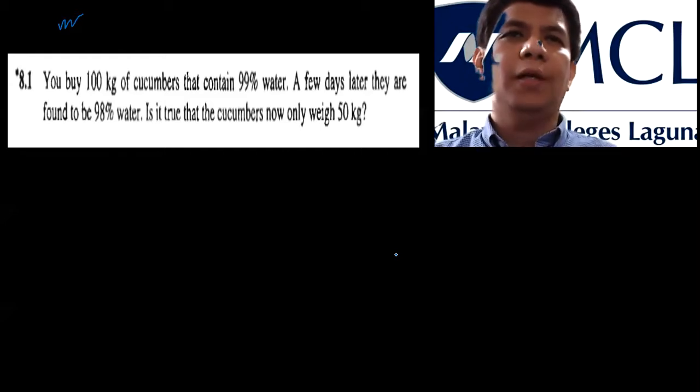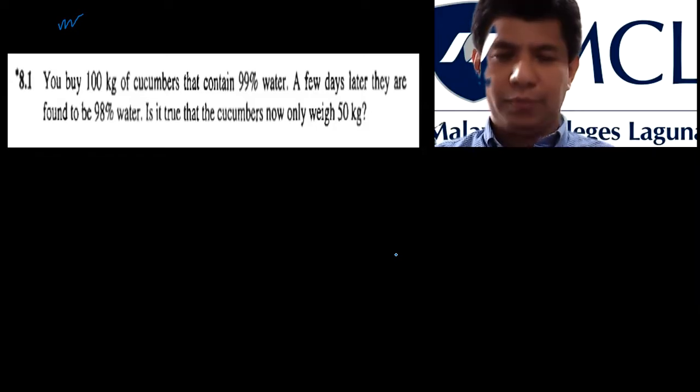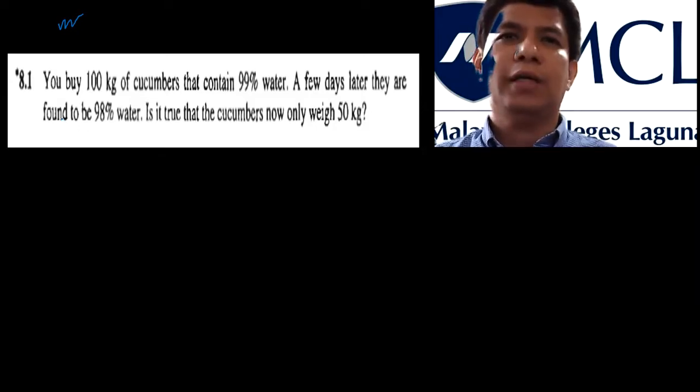So if we're going to follow the steps prescribed by Himmelblau, the first step is to read and understand the problem. And then the next step is to draw the diagram. Let's try to draw the diagram.